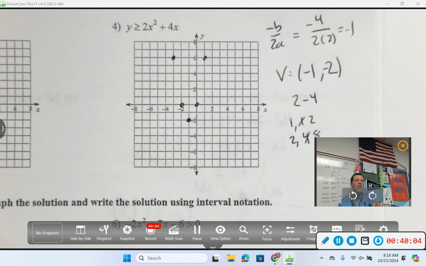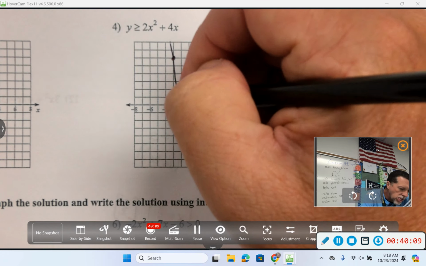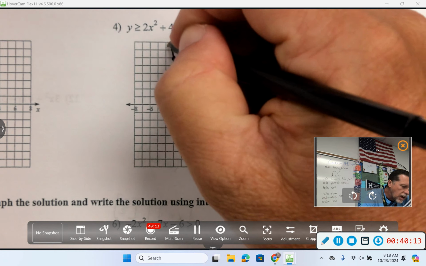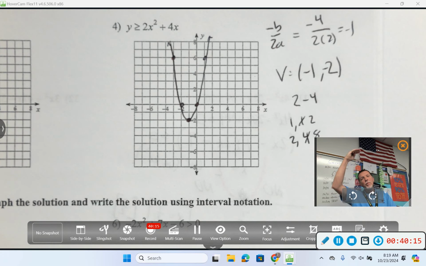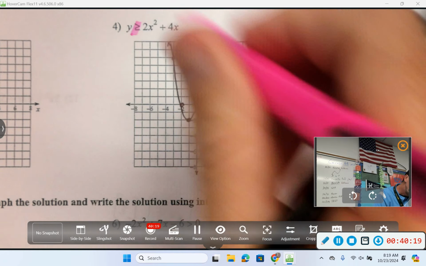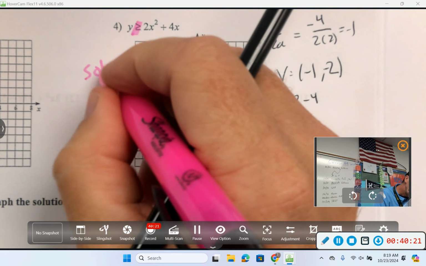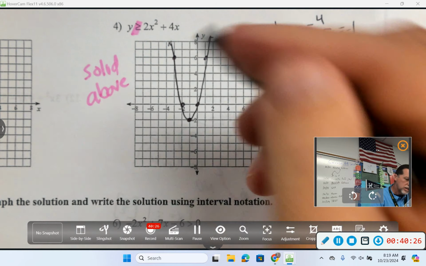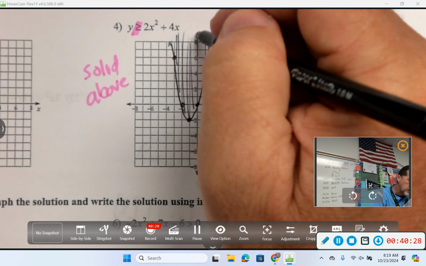Solid or dashed line? And then am I shading above the parabola or below the parabola? Above. Solid and above.